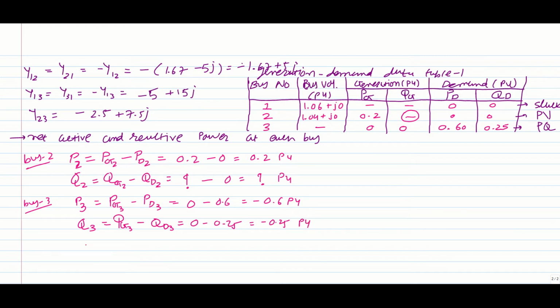Okay. Now, our next step is we have to set the iteration count. Here it is asked that we have to perform this power flow analysis for the system for the first iteration.